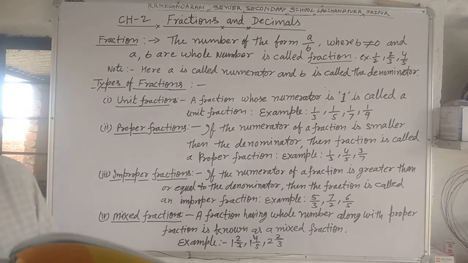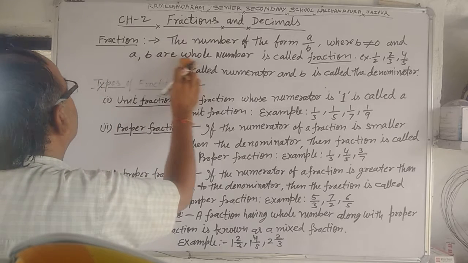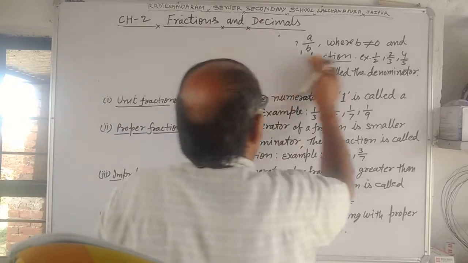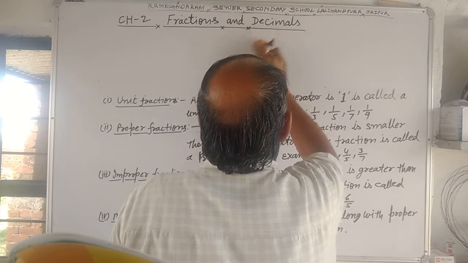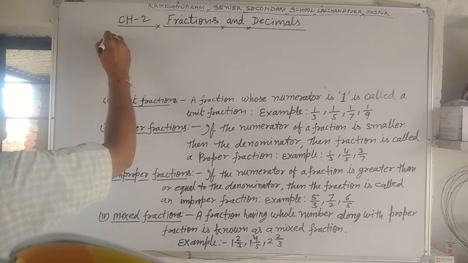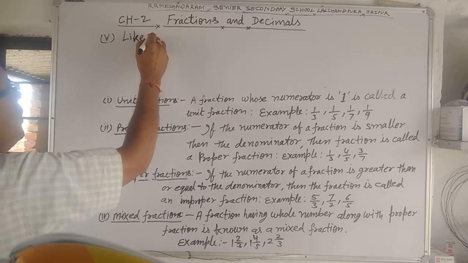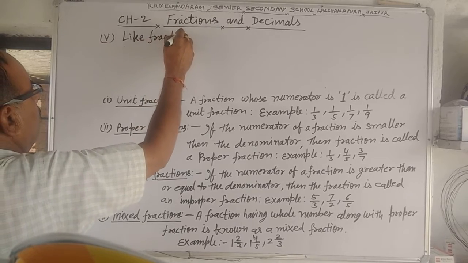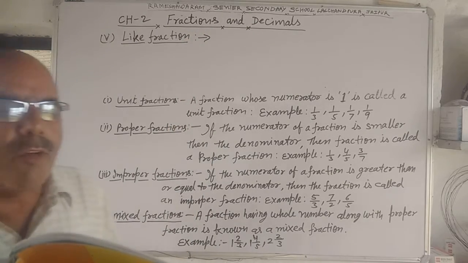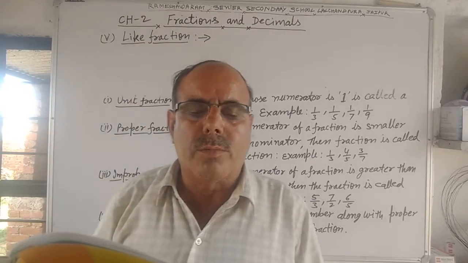And the next is fifth, like fractions. Fractions with the same denominator are called like fractions.